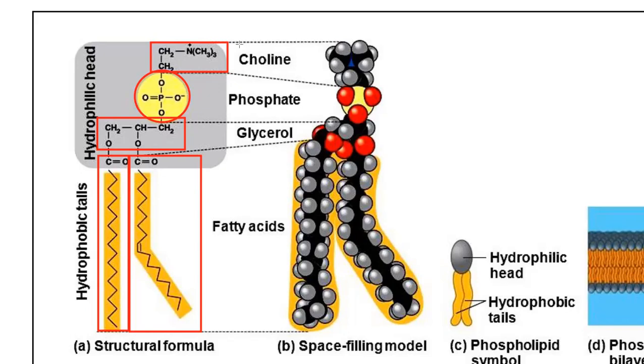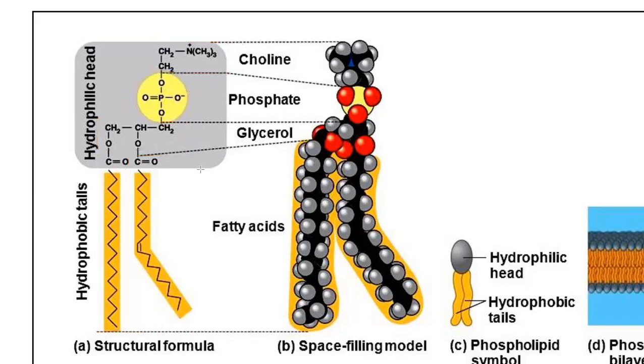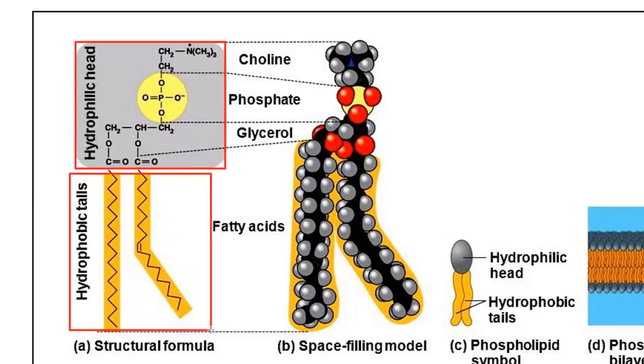If you take this whole, they are dividing the total phospholipid into two major regions. What are the two major regions?